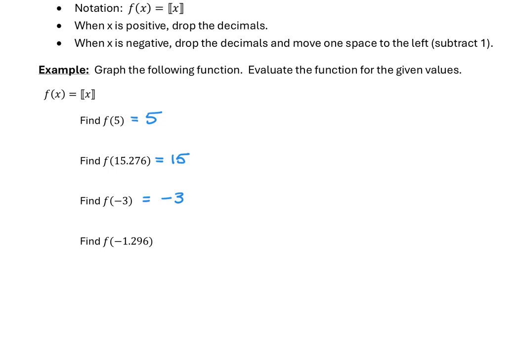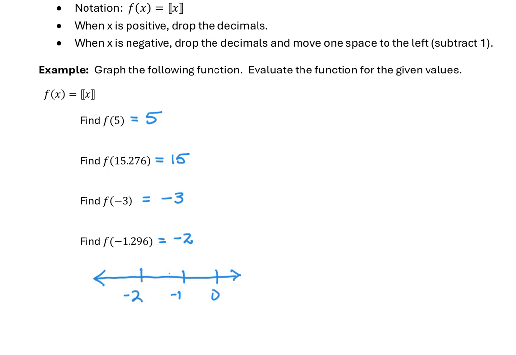Now we do have to be careful with something like f of negative 1.296. This is not equal to negative 1. This is actually equal to negative 2. To visualize this, we have negative 1 here, here's our 0, and here is negative 2.